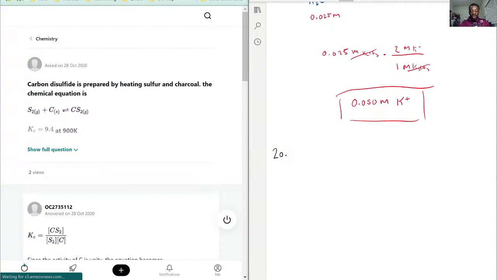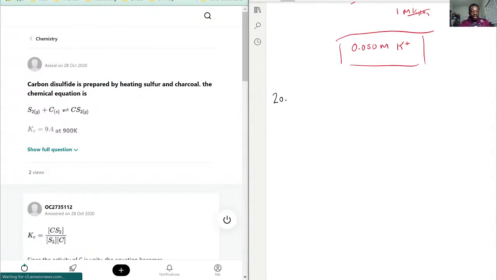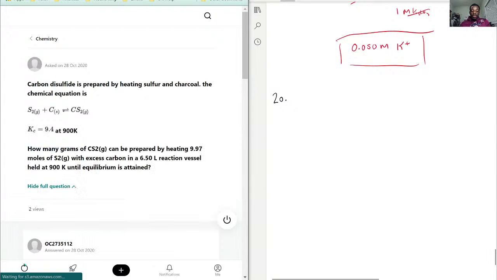is going to be, ooh, this is a good one. Carbon disulfide, so CS2, is prepared by heating sulfur and charcoal, and the chemical equation is S2 gas plus carbon solid turns into CS2 gas, okay?